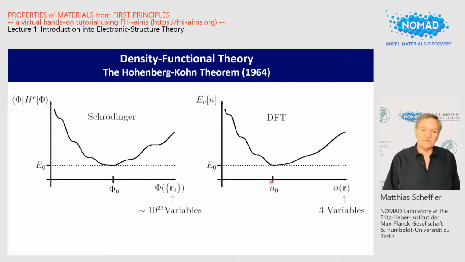The wave function phi 0 on the left and the density on the right correspond to each other, and the energies are the same. So clearly, DFT is at least conceptually a significant improvement or simplification. That is just a concept and an idea, but you cannot really use that in any practical means.